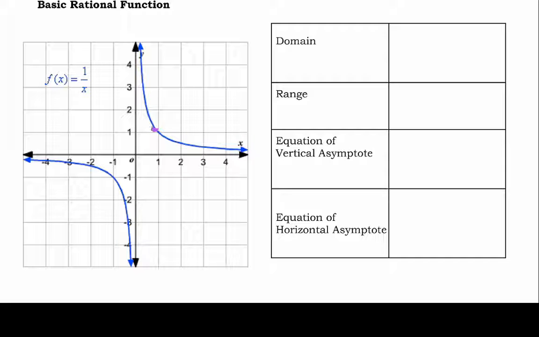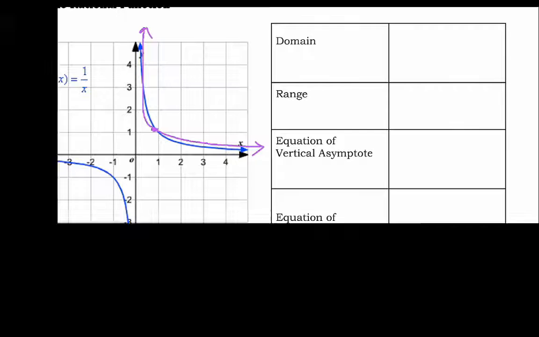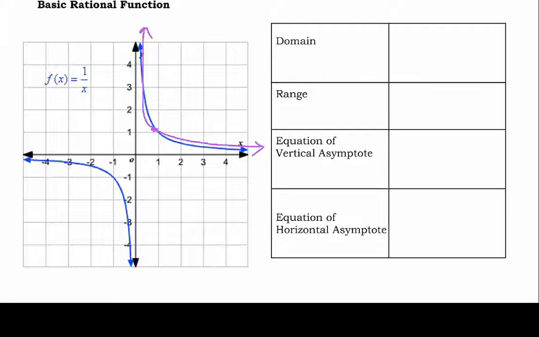As our x values increase, our y values are going to get smaller and smaller. As our x approaches 0, though, our y values get larger and larger and larger. But again, they are never going to cross the y-axis because we can never get x to equal 0. So the smaller the x value gets, the larger the y gets. That's where we get this shape from.